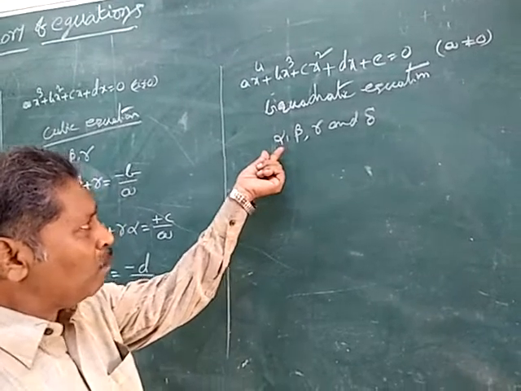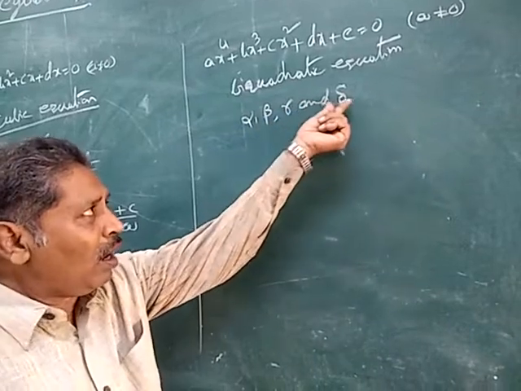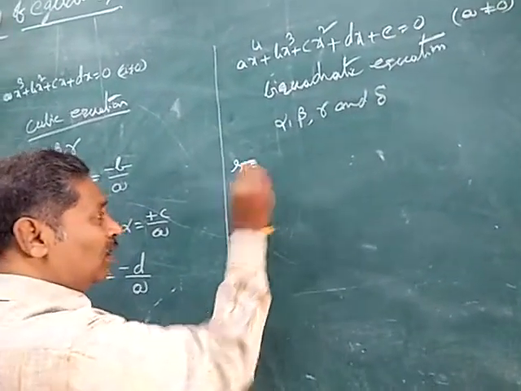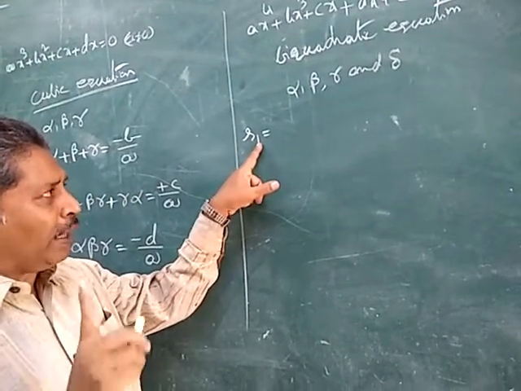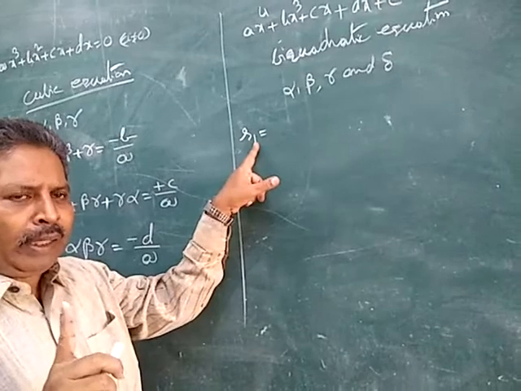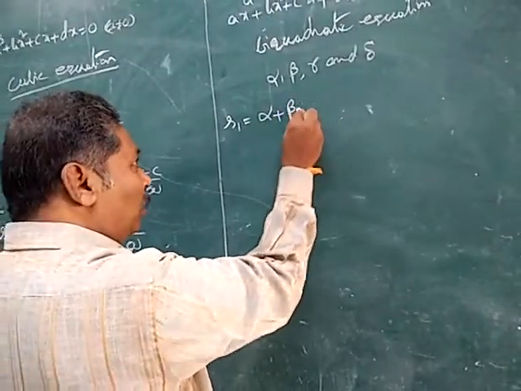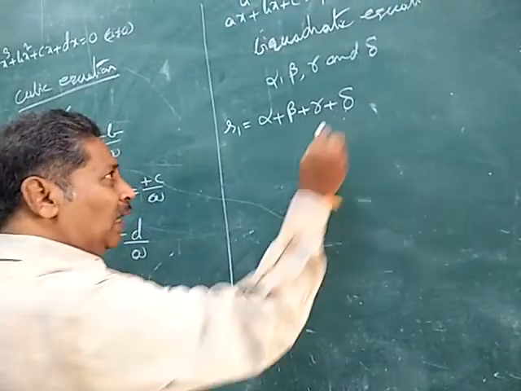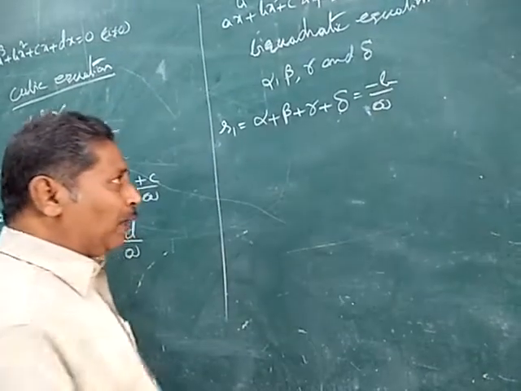Let them be alpha, beta, gamma and delta. S1, the sum of the roots taken one at a time, that means alpha plus beta plus gamma plus delta equal to minus b by a.